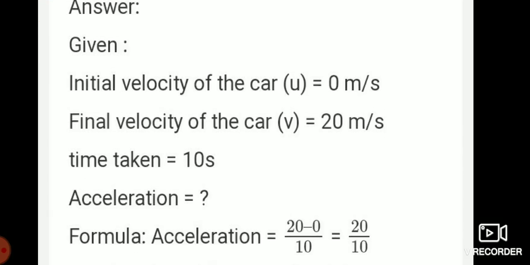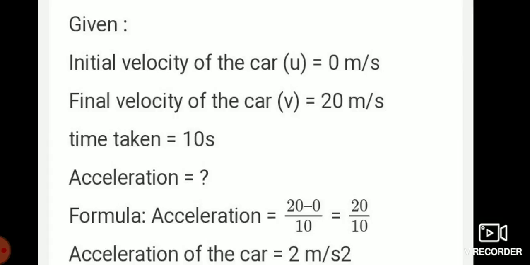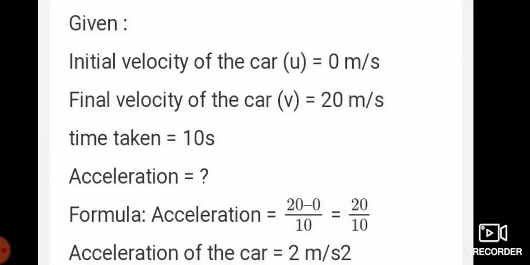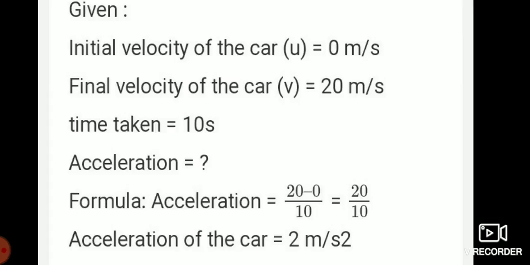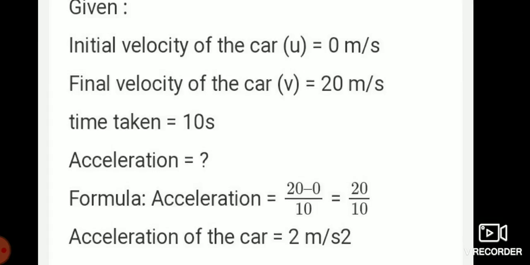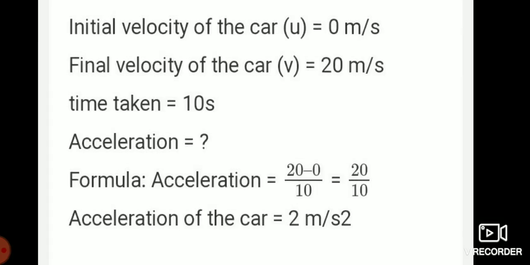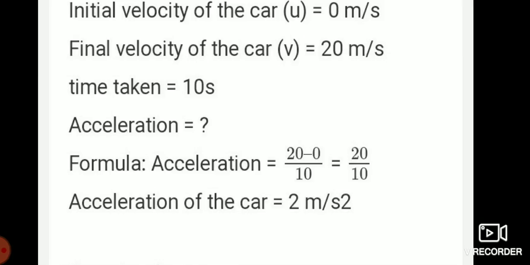So the acceleration formula is a equals v minus u by t. V value is 20, u value is 0, t is 10 seconds. 20 minus 0 is equal to 20. So 20 by 10.